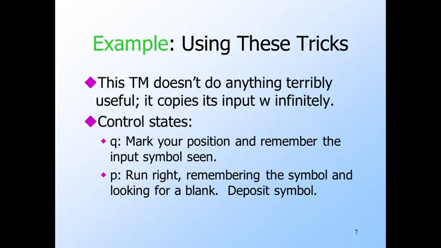When we find it, we deposit the symbol that we've stored in the cache on the data track, and then we move left. From state P, we also enter control state R, in which we run left looking for the mark that was left by state Q.